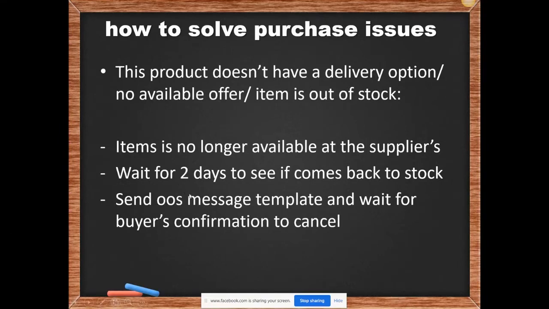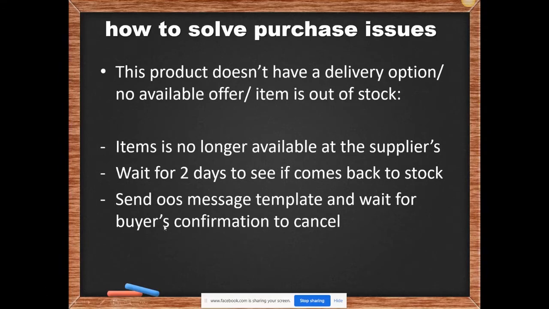You have to tell the buyer you're out of stock in order to cancel the order, because we have nothing left to do. We can't fulfill the order. We have to cancel it, but we can't cancel it on our own. We need to ask the buyer's permission, because if we do it on our own, he could get mad and complain to customer service, and they could give you a temporary suspension for it.